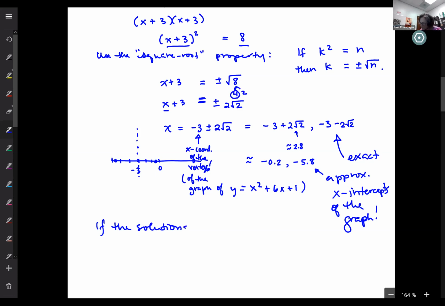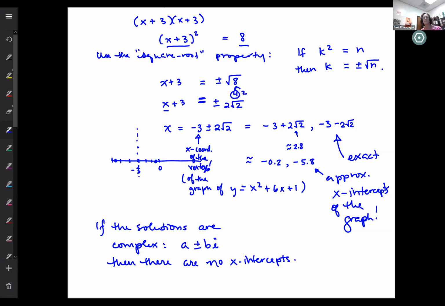So if the solutions are imaginary, actually they're called complex, where they're in the form a plus or minus bi, then there are no x-intercepts. So we're solving these quadratic equations, getting ready to analyze the graph of the quadratic function. So there's that relationship there.